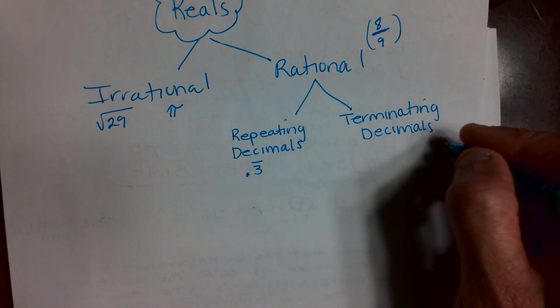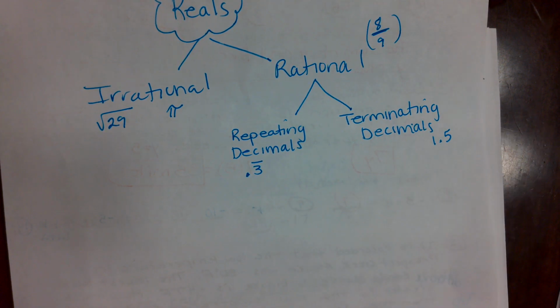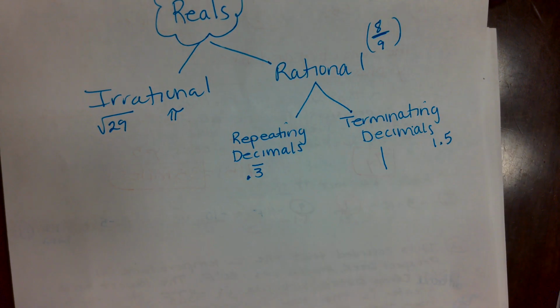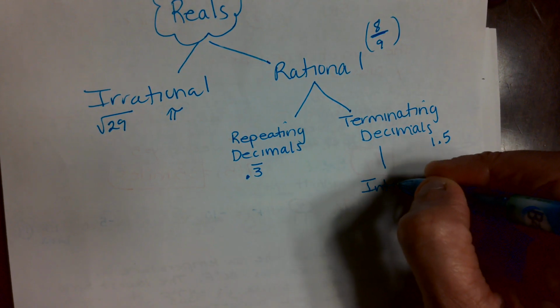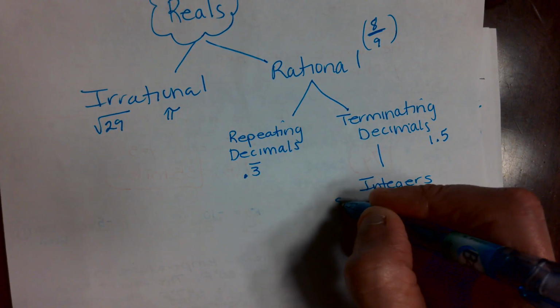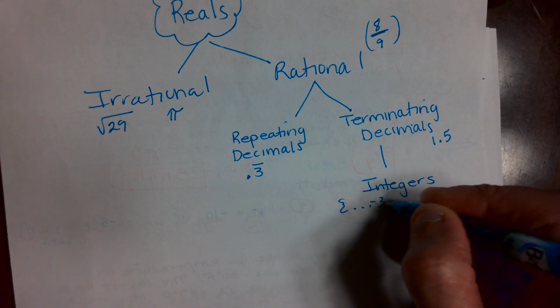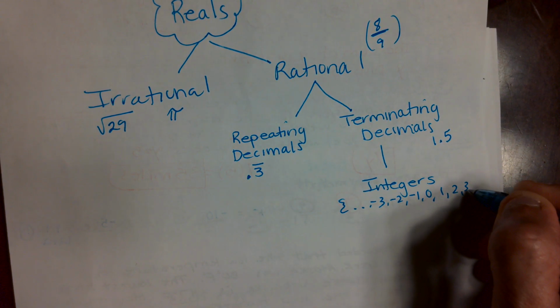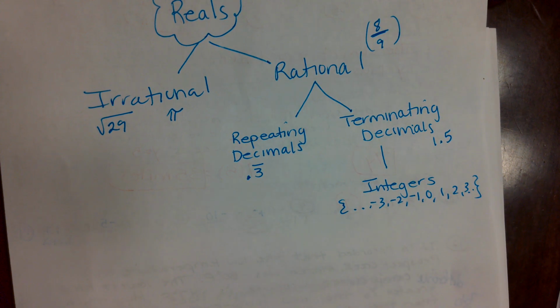And a terminating decimal would be like 1.5 because it stops. Now, the terminating keeps going down into what? Integers. And what are integers? Negatives, 0, and positives going forever in both directions.